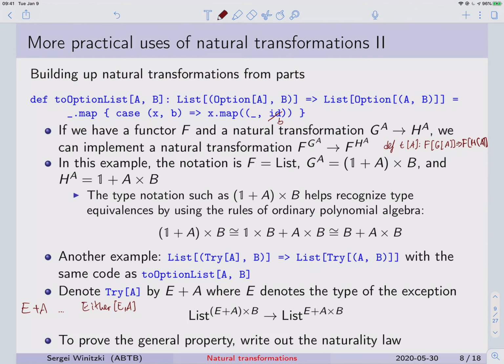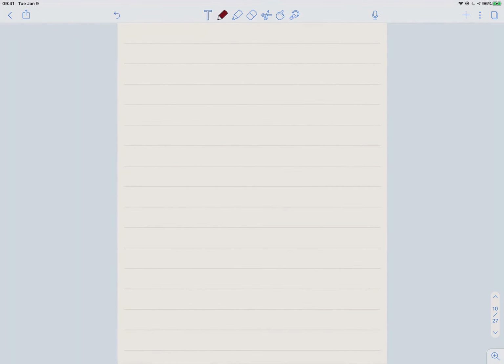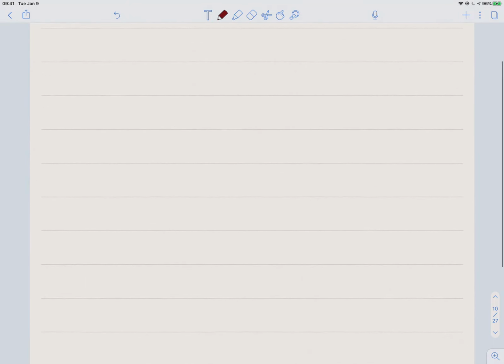So you can write out the naturality law, of course. Let's prove that this is so once and for all, that if you have an arbitrary functor f and an arbitrary natural transformation ga to ha, then you can also implement a natural transformation of this type signature by just putting a map on top of that natural transformation. So let me write a derivation.